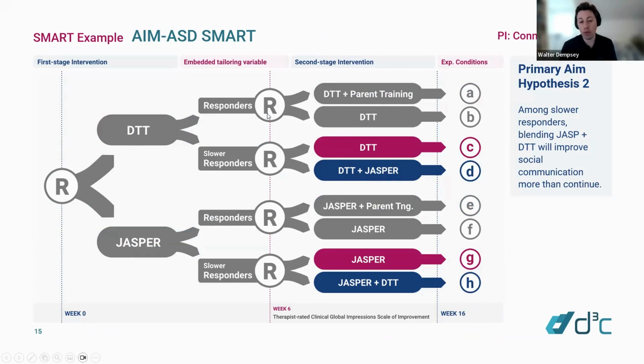But because you're randomizing still at this level to parent training versus just DTE, sorry, DTE is the company, DTT is the training, you're going to be okay for that analysis. You're not relying on them choosing between which direction to go in. So it's the sequential randomization that saves you from that potential confounding that you were worried about.